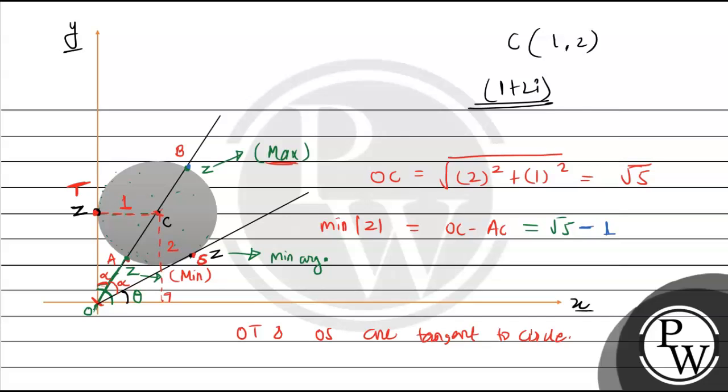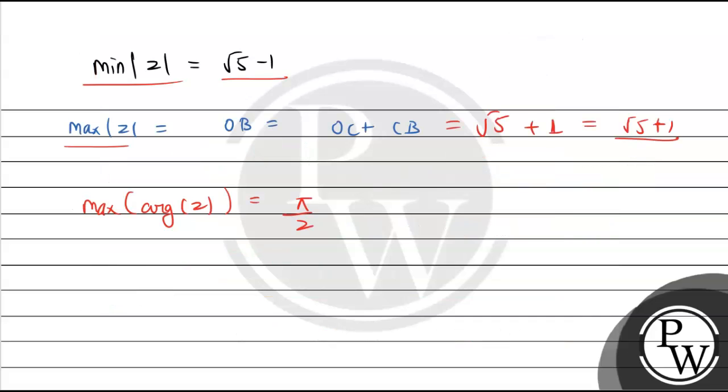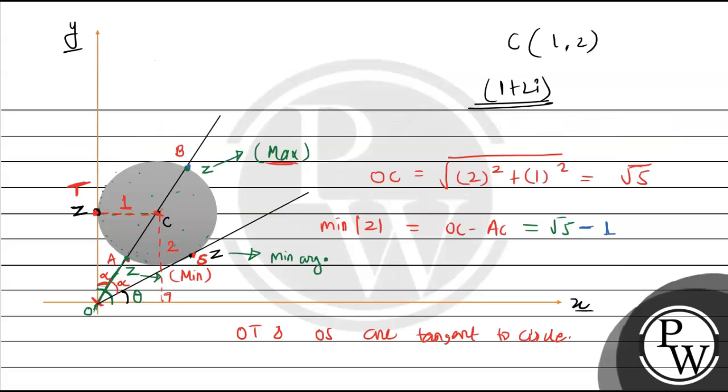So what will be theta? Theta will be simply pi by 2, the complete angle, minus 2 theta, sorry, 2 alpha. Okay, so pi by 2 minus 2 alpha will be the theta, which is the minimum argument. For that minimum argument this one will be the angle. Now let's find the alpha. So here from the figure we can see that this length is 2 and this is 1.